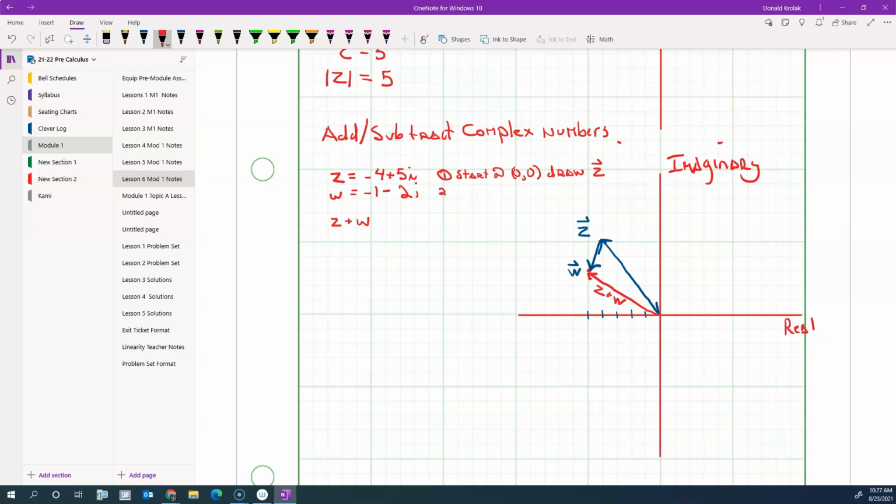Then we went to the tip of z and moved one left, two down.